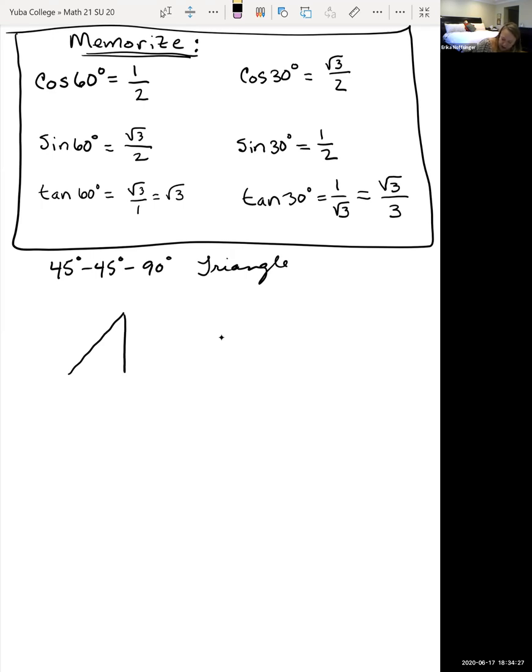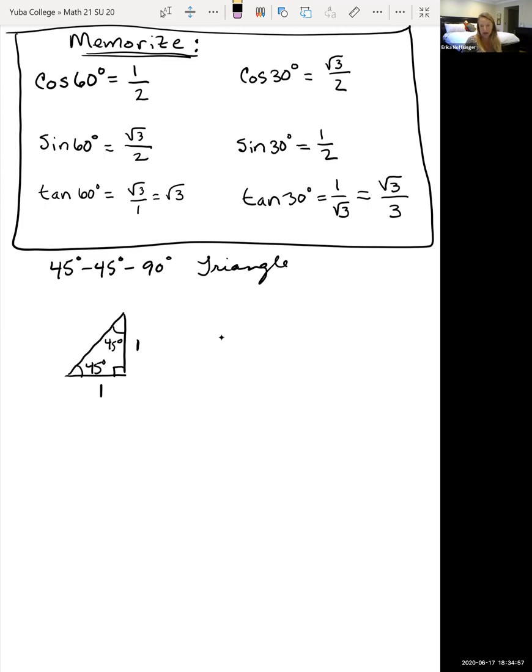If two of the angles are the same, that means the sides across from those angles are also equivalent. So let's call this length 1. That's across from the 45 degrees, so the other leg is also 1. It's an isosceles triangle.